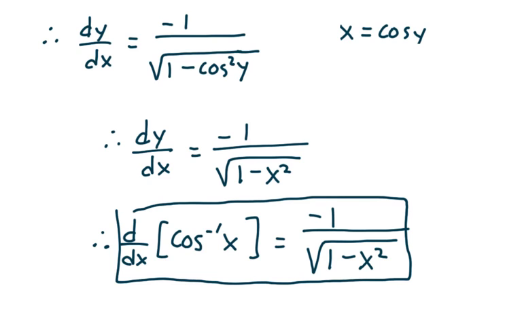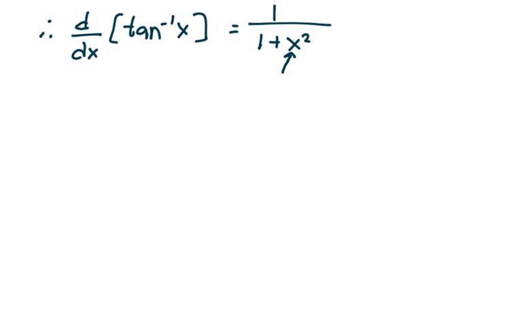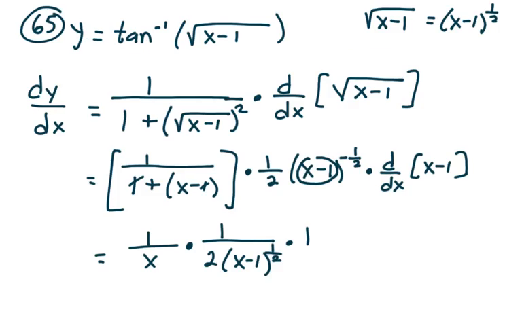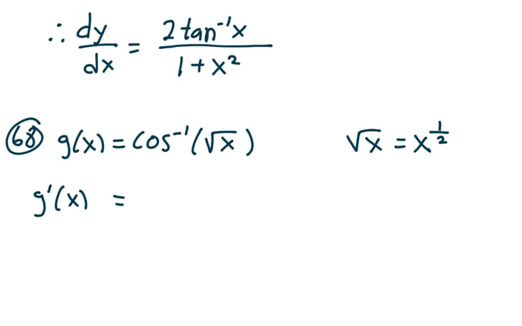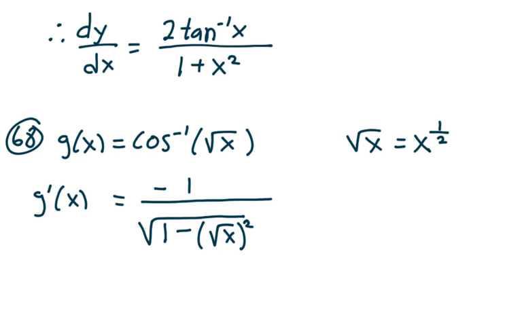So remember, the argument of the arc cosine is now square root of x. And so I'm going to replace the x with square root of x. Okay? So let's go back here. So I'm going to get negative 1 over the square root of 1 minus, and again, I'm going to replace x with square root of x and raise it to the second power, and I'm going to multiply by the derivative of square root of x with respect to x.